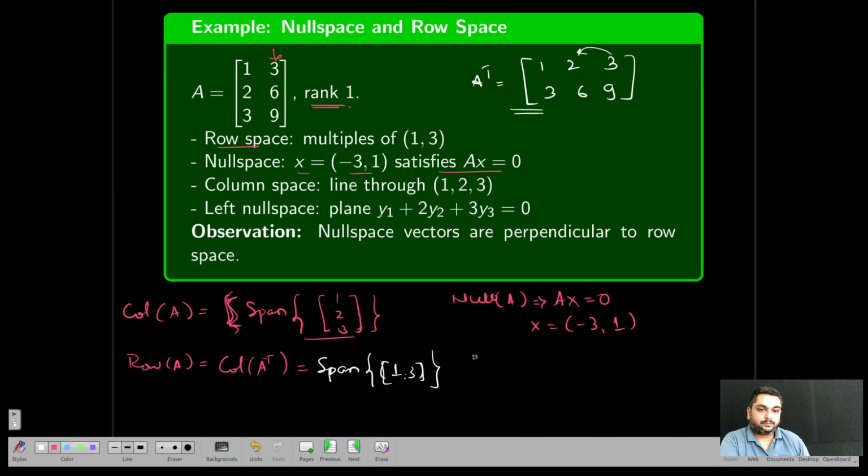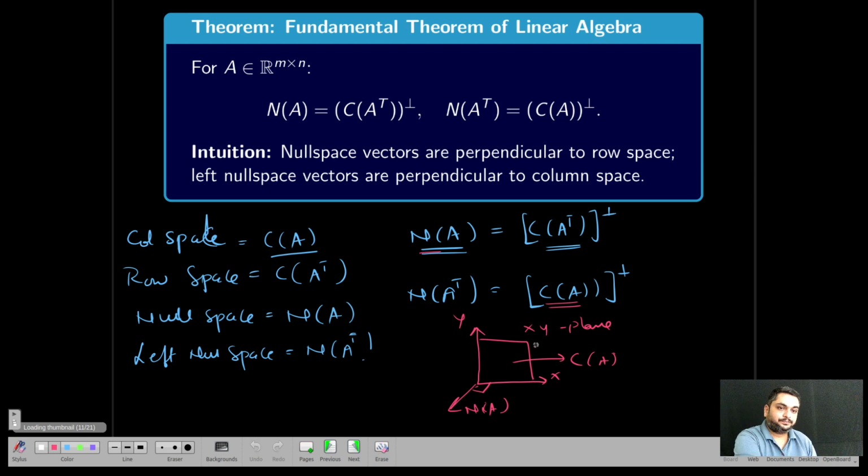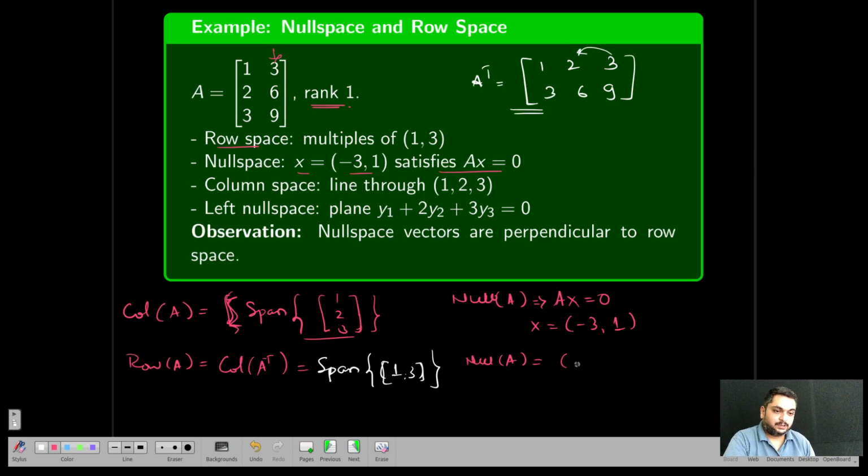Now, so what is this? We check here. The null space of A is equal to, what is it that you have written? Null of A is equal to C of A transpose. Here both are orthogonal complements.